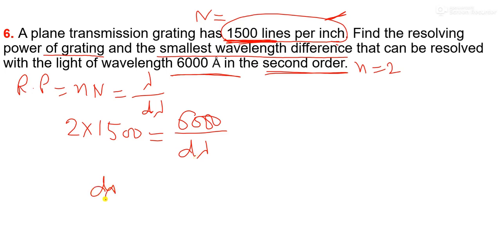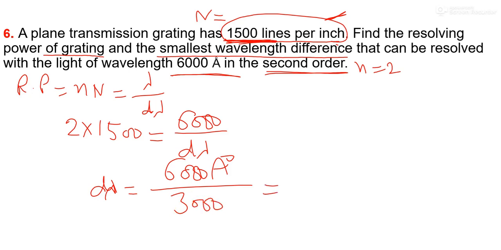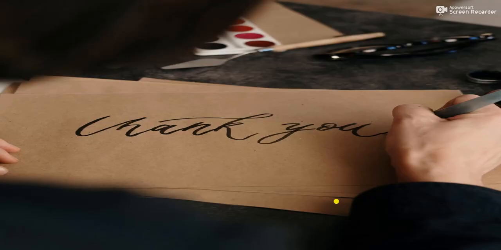From here d lambda is equal to 6000 angstrom upon 3000. So d lambda is 2 angstrom. Okay. Thank you.